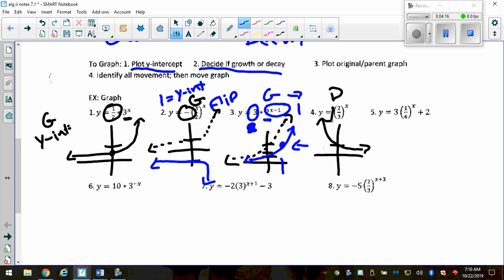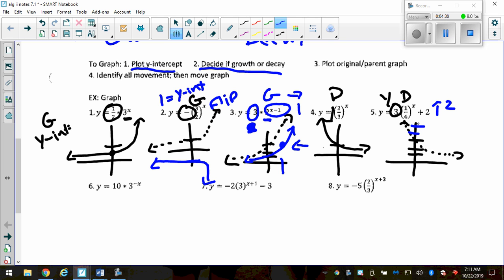All right, number 5, why don't you do the same thing? State growth, decay, what's the y-intercept, and the movement. All right, so in standard form without movement, this is a decay. The y-intercept is 3. And the movement we have on here is going to be an up 2 movement because of that 2.